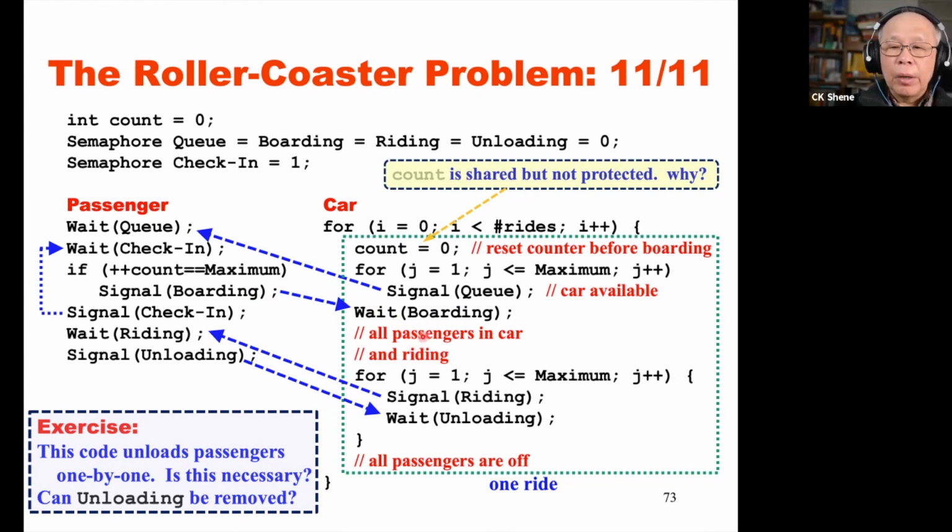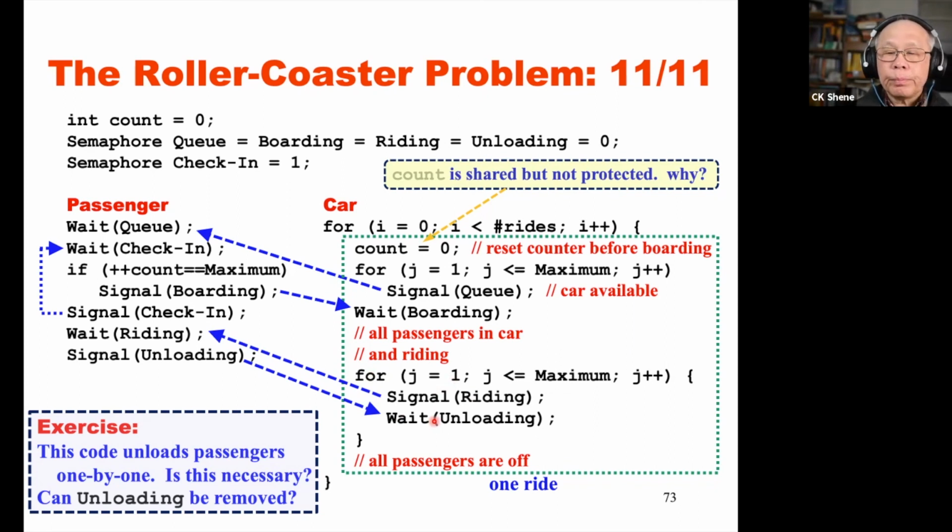And finally, when the car stops, the car signals one passenger and asks him to get out of the car safely. After the passenger gets out safely, the passenger waves his hand to the manager saying that I am done. So the manager is allowed to allow the next one. So this for loop releases all passengers on board.